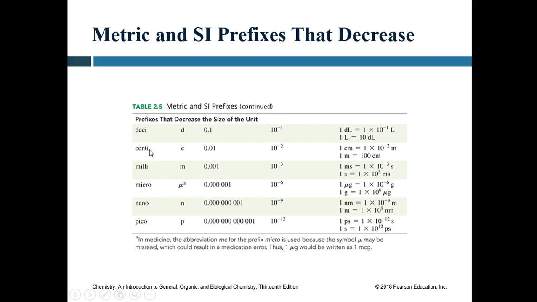We don't use deci very much, but deci is 1/10 of a meter or a liter. Centi, yes, it's 100th. We do use that prefix a lot, whether it's a centiliter, centimeter, or centigram. Milli, millimeter, milliliter, milligram, we use that a lot. These smaller prefixes, micro, nano, and pico, we really don't use a whole lot in this chemistry class. They do exist.